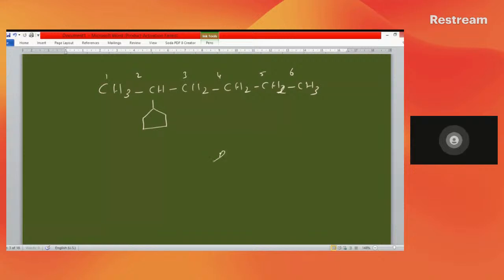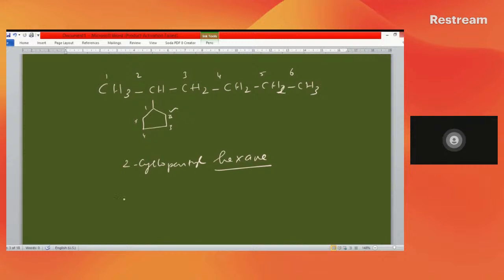If there are 6 carbon atoms in a linear chain, you can call it hexane. And a branch is found in the second position. You see 1, 2, 3, 4, 5. Now it is to be called 2-cyclopentyl hexane.